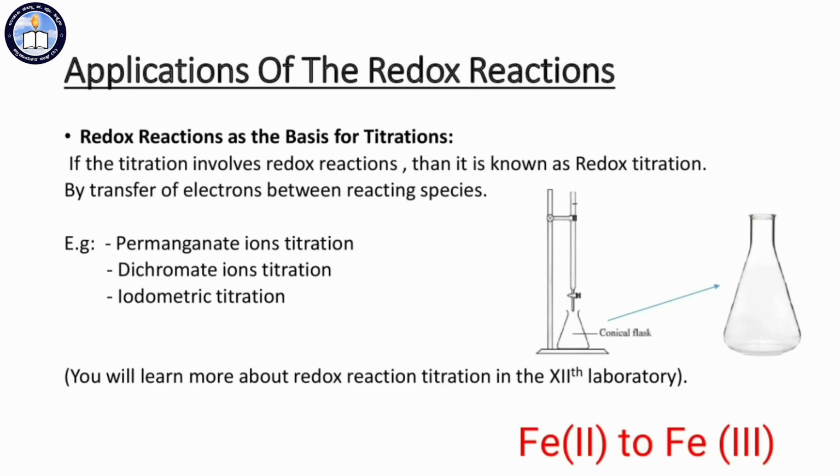Similarly, in the case of iron, the oxidation number changes from Fe2+ to Fe3+, that is an increase in oxidation number, therefore it is known as an oxidation process. Hence it is a combination of oxidation as well as reduction, therefore we say redox titration. We can even observe redox reactions in the case of dichromate ion as well as iodometric titration. In detail, you are going to learn about redox titration in your higher classes.